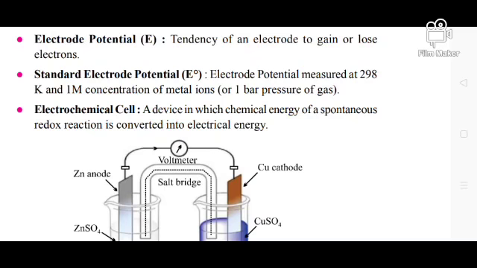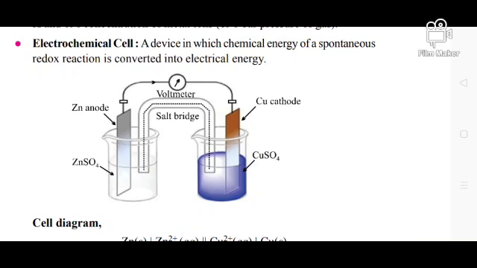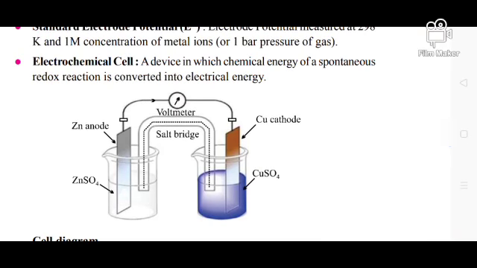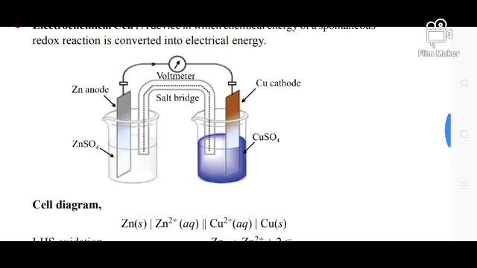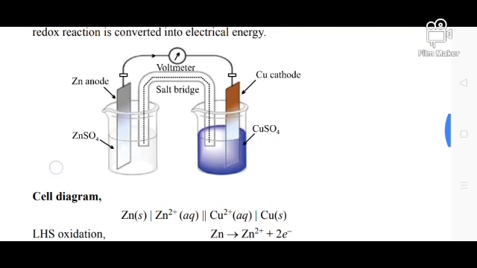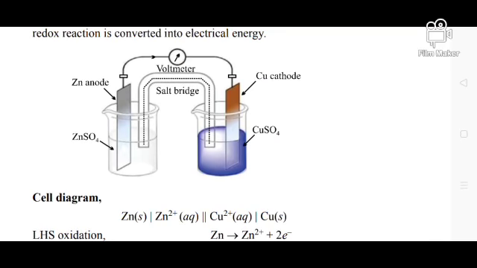After that, my dear friends, the electrochemical cells. So what is an electrochemical cell? It is a very basic thing. It is a device in which the chemical energy of a spontaneous redox reaction is converted into electrical energy. Look at the figure here.